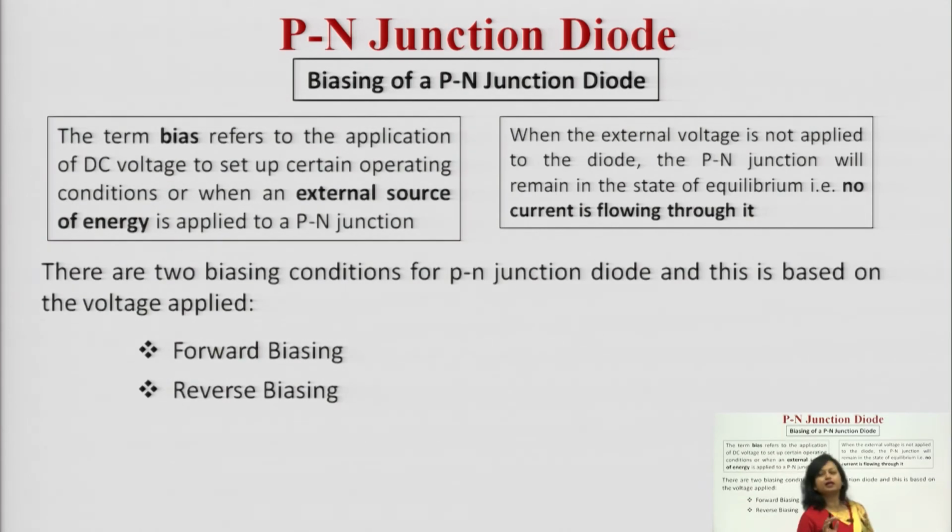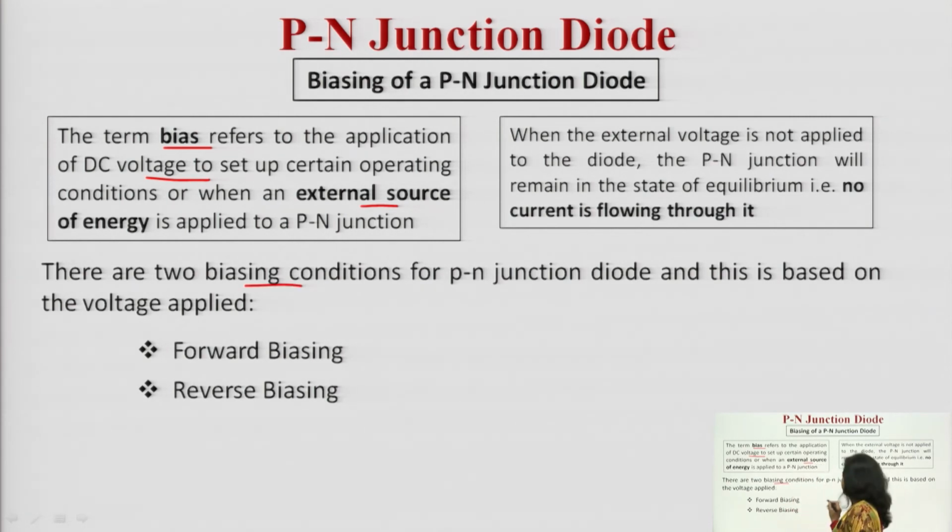So accordingly, bias can be explained as the application of a DC voltage to set up certain operating conditions, when an external source of energy is applied to a p-n junction. And there are two biasing conditions, as I have told you.